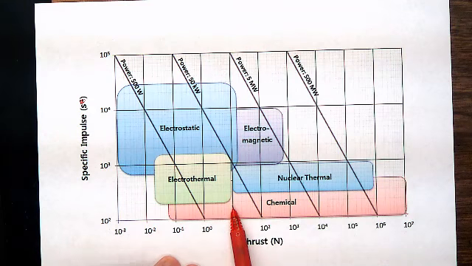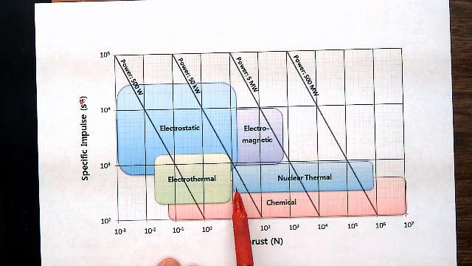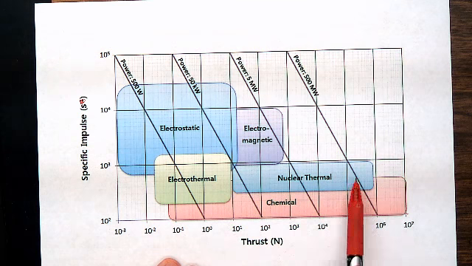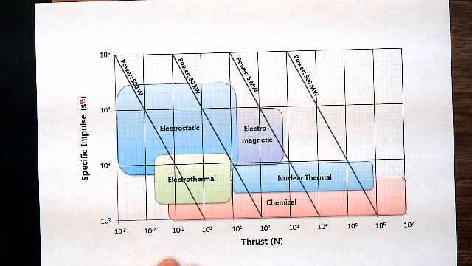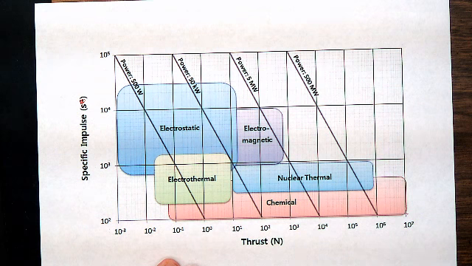Okay, then if we want to go to higher ISPs, we've got nuclear thermal propulsion, which I'll introduce later. What that does is it gives you a boost in ISP up to about 900 seconds, and you take a hit for the maximum thrust that's practical out of those devices.